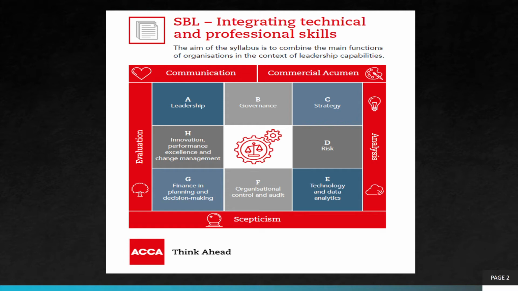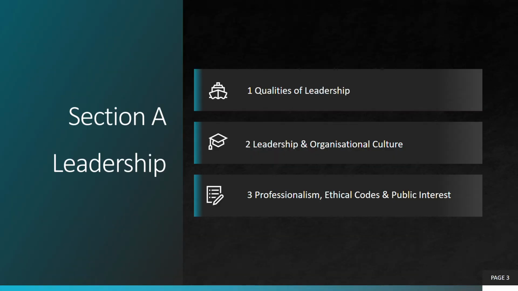So let's start with the theory part, the technical knowledge. This paper is based on the 8 sections. Section A talks about leadership. Under this, we are going to study the qualities of a leader, great leadership. We are going to do leadership and organizational culture, because for a business to be a success, the leadership has to be strong.